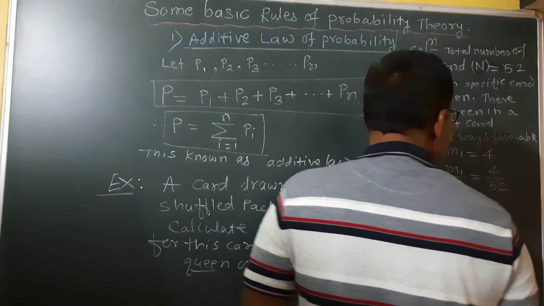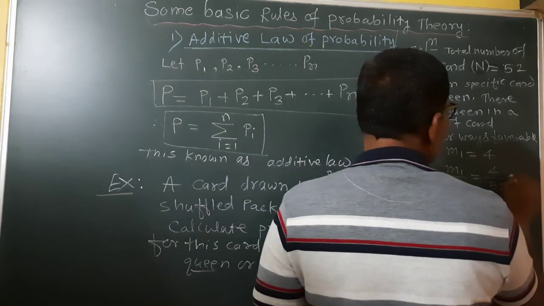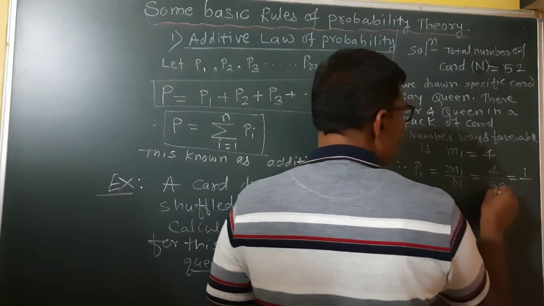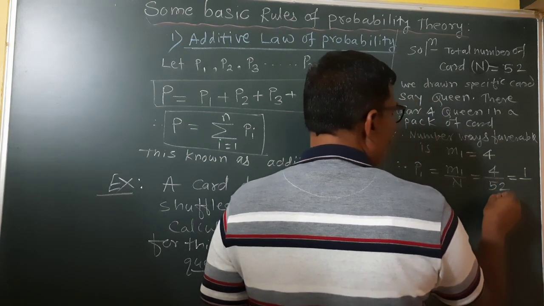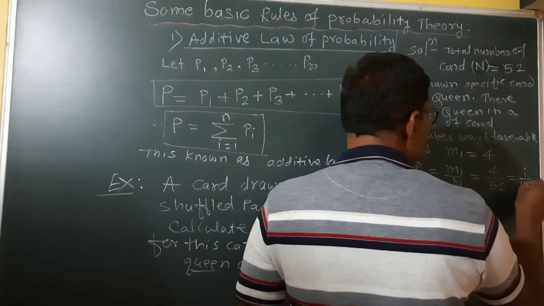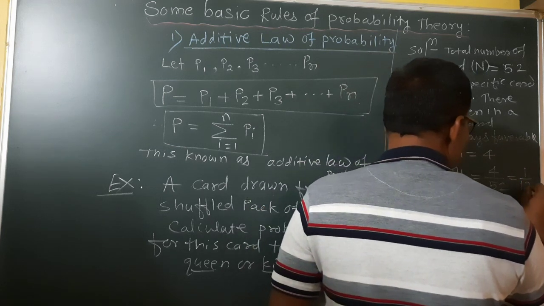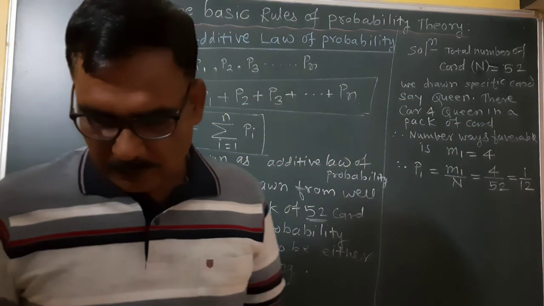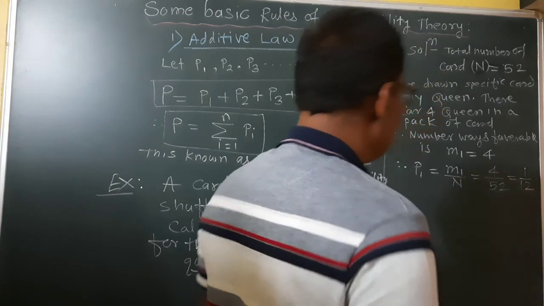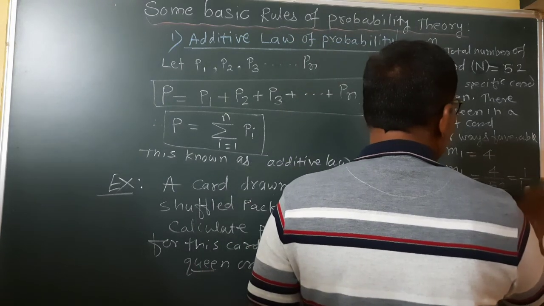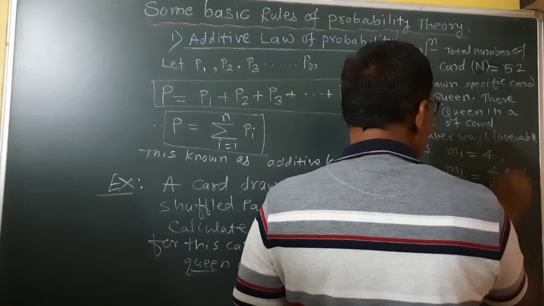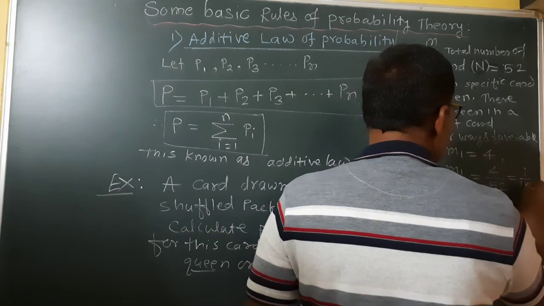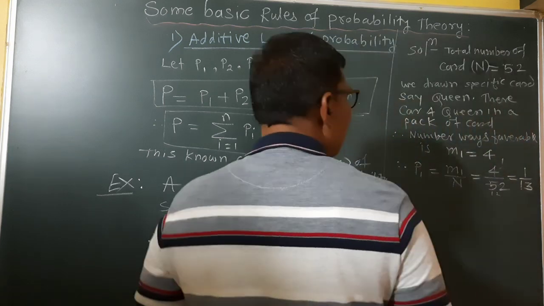This can also be written as 4 ones are 4, 1 is there, and 4 threes are 12, so it gets 1 by 13.